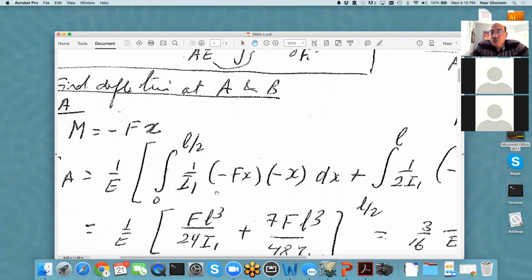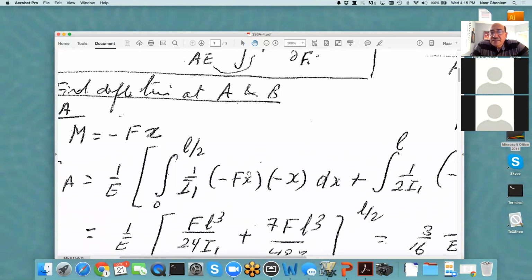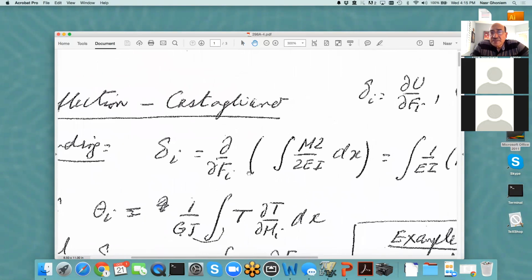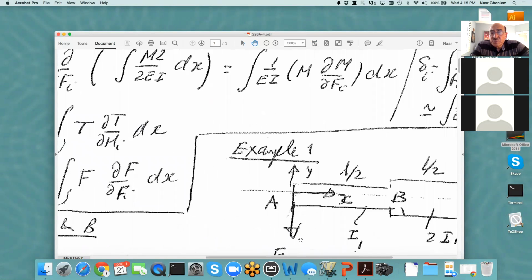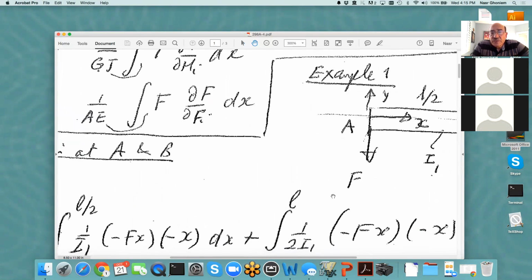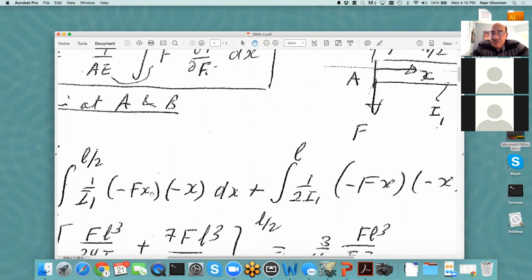One is the moment itself, which is minus Fx, and minus is because the bending at this point here will cause the curvature to be concave, not convex. Concave curvature means negative moment. So minus Fx, and then when I take the derivative with respect to F, I will get minus x. So these are the two terms that I have.